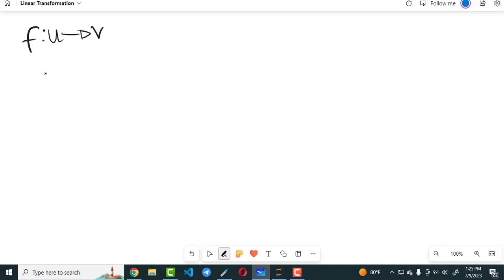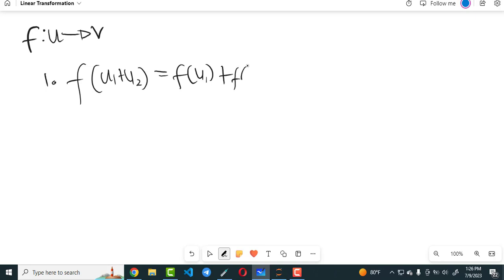If we have a function applied to u1 plus u2, mapping it will be equal to the function of u1 plus the function of u2. And remember, this is for all vectors.